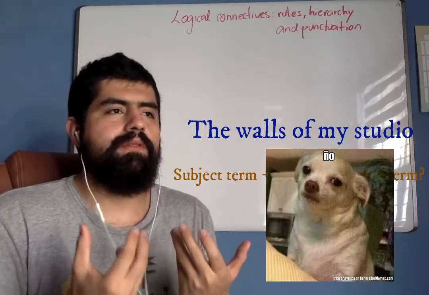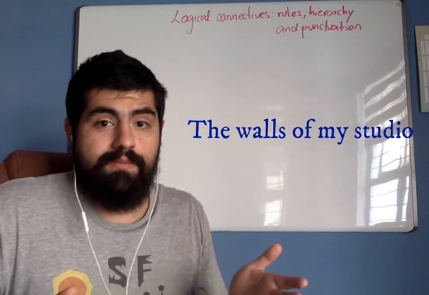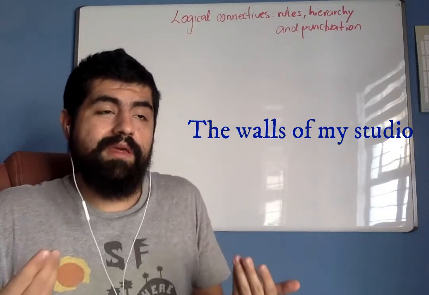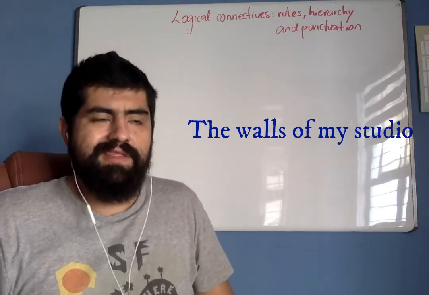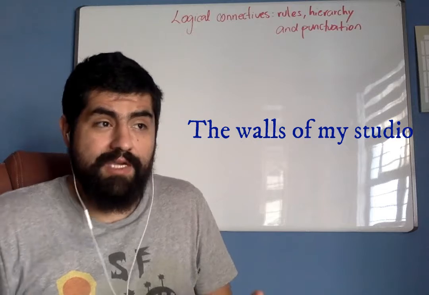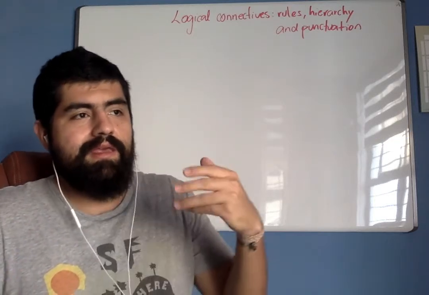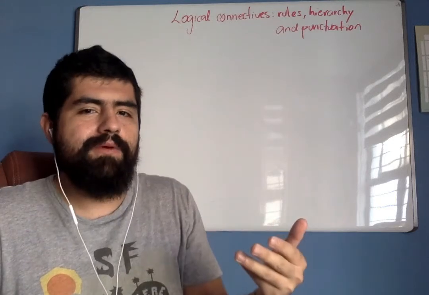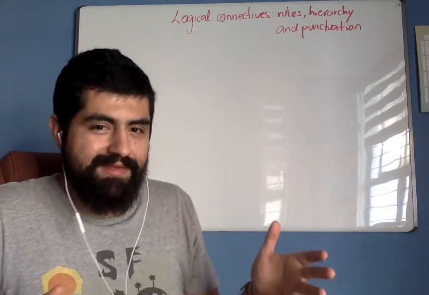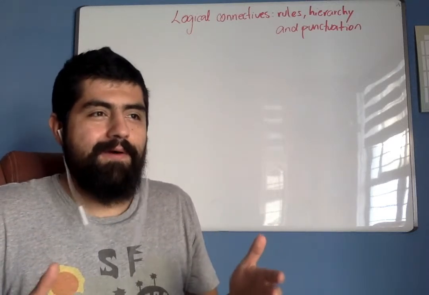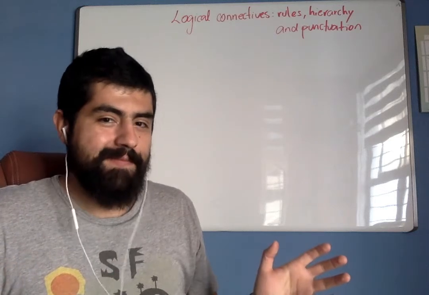The walls of my studio is actually only the subject term, okay? So if we say that the walls of my studio, oh, that is true, or oh, that is false, that is meaningless actually. There is no sense in stating if the walls of my studio is true or false, okay? They are just the walls of my studio. It is what it is, as simple as that.